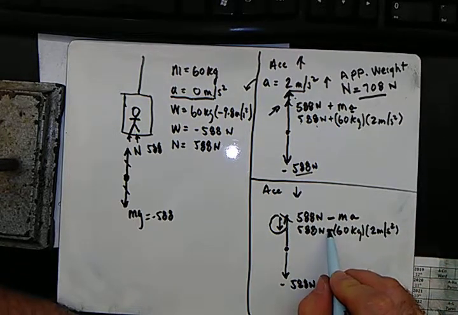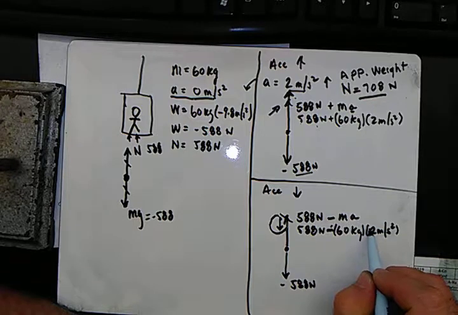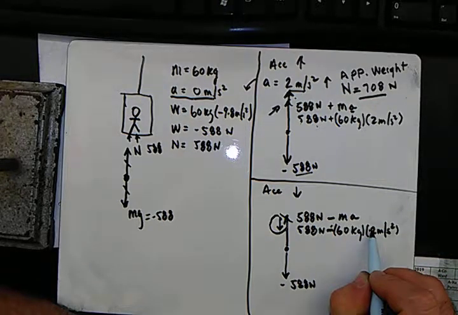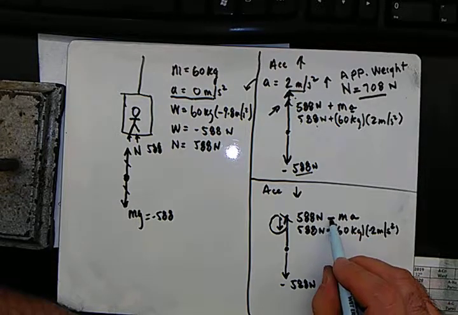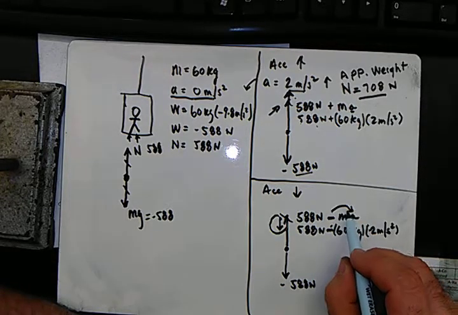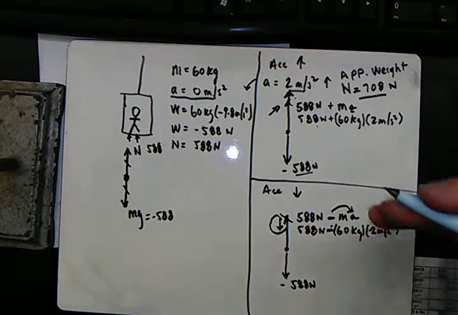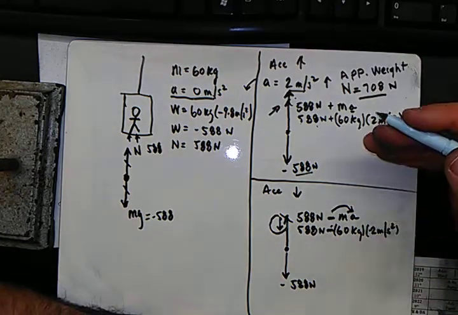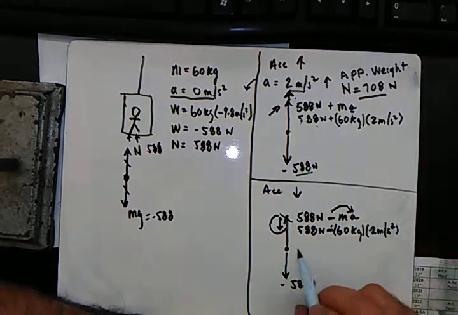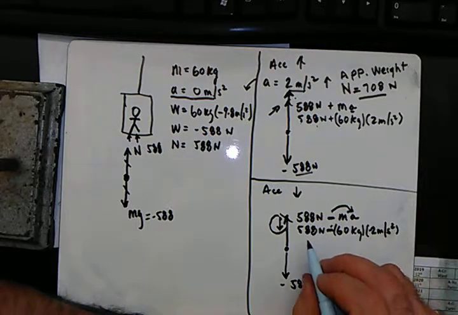There's a minus here because the acceleration is going to be negative. So we intrinsically think about it: if it's accelerating downward, we're going to experience less force on the feet.